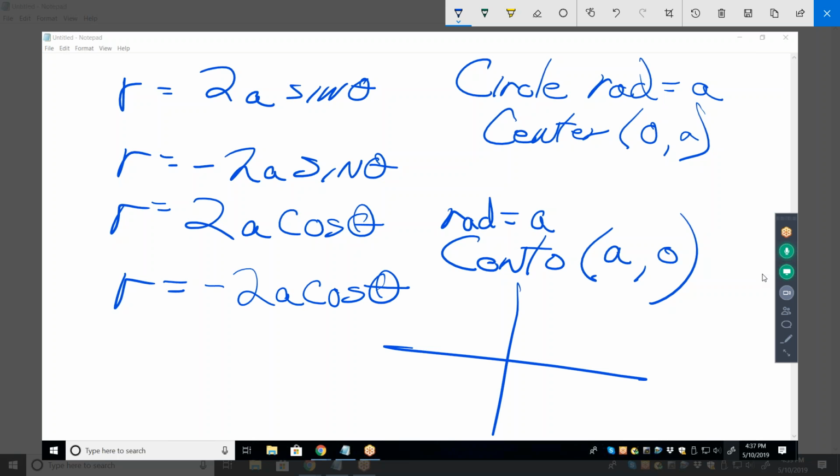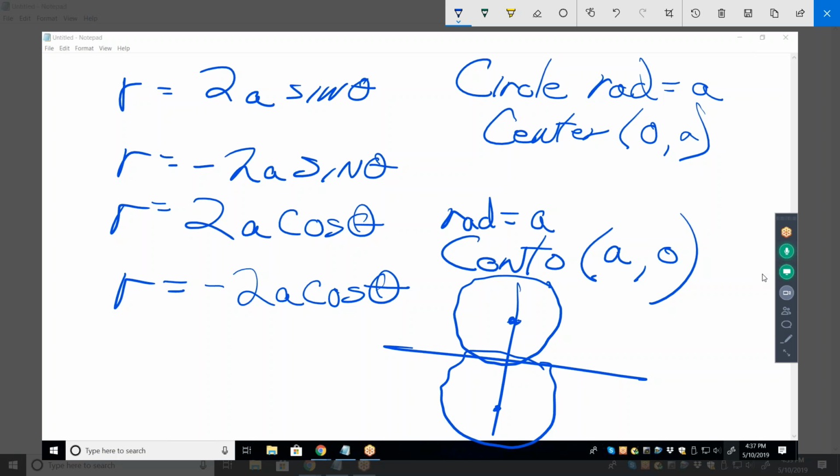The first one is centered up here, and it looks like that, because its radius is a. The second one is centered down there with radius a.